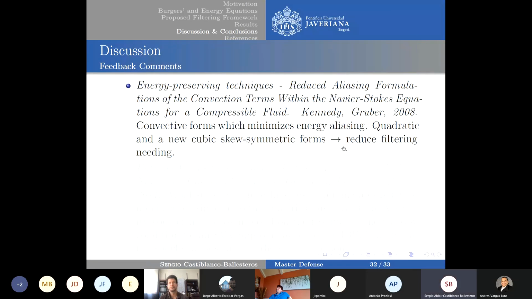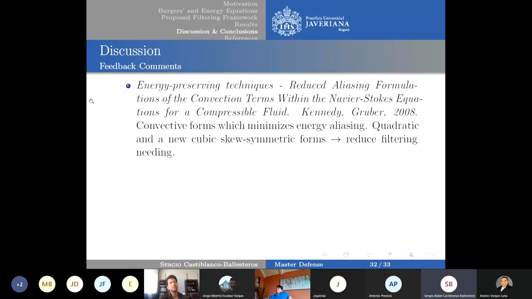And they say that by doing that, they reduce the filtering needed when solving the Navier-Stokes equations. But they didn't say that they completely eliminate the need for filtering. So again, it would be nice in the future to combine the proposed methodology with this one to see how it performs.